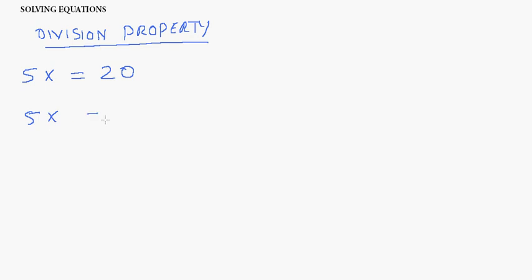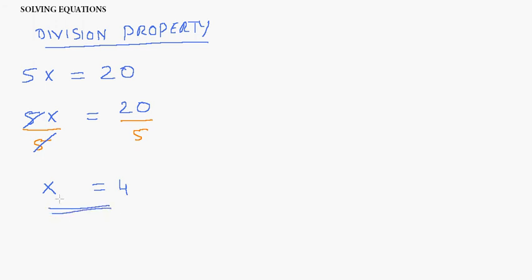Write the original equation. Now, let us divide this equation by 5 on both sides. Now 5 and 5 get cancelled, therefore you are left with x equals 20 divided by 5, which is 4.